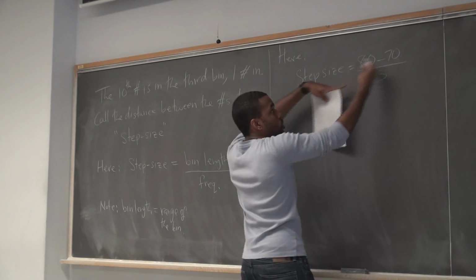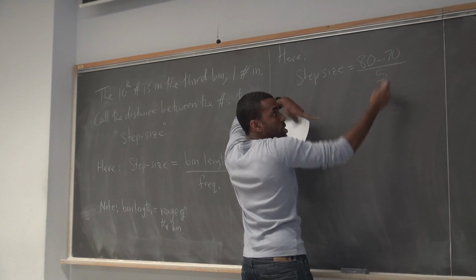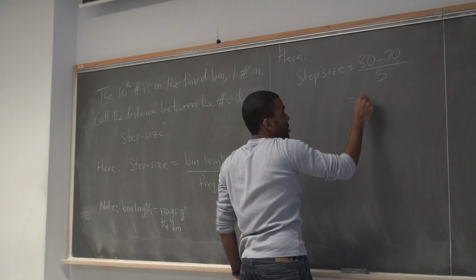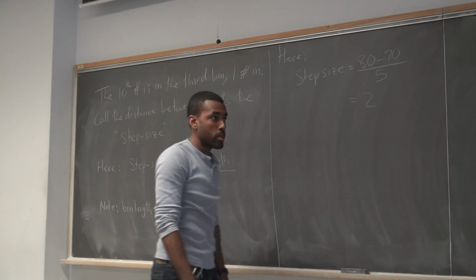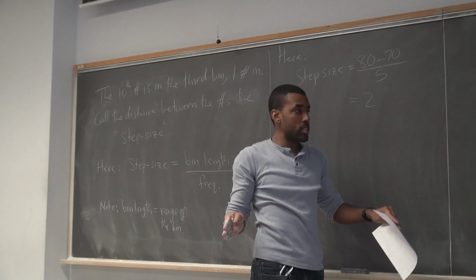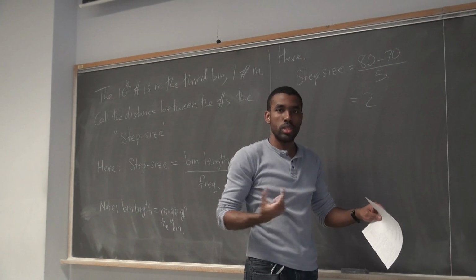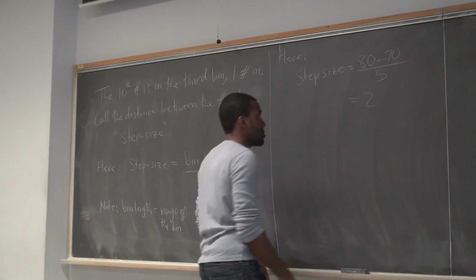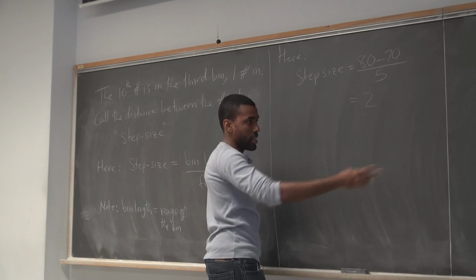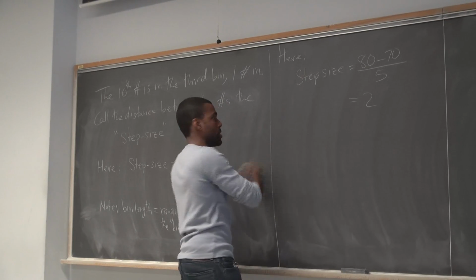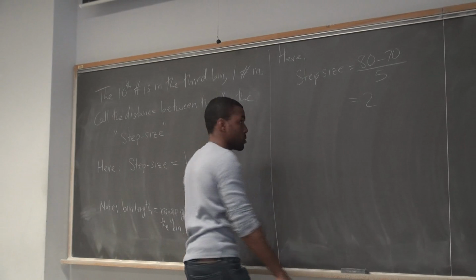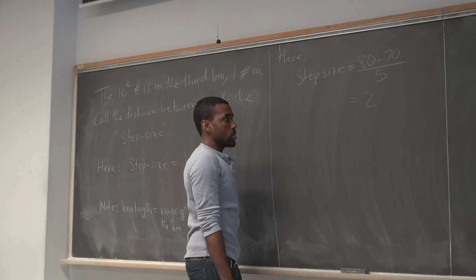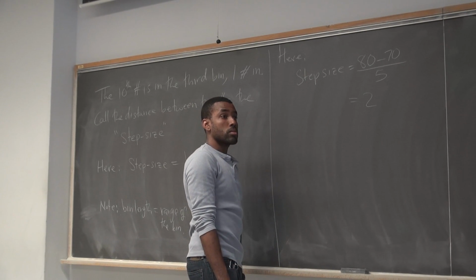So they range over a length of 10, but there are really only 5 of these numbers. That means the step size is 2. If I have 5 numbers covering an interval of 10, they should be 2 units apart. You can sort of figure that out intuitively, but it's nice having a formula that tells you this as well.